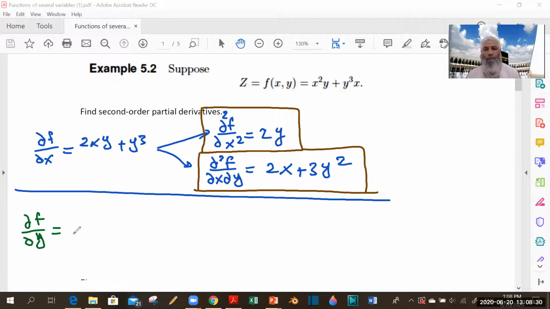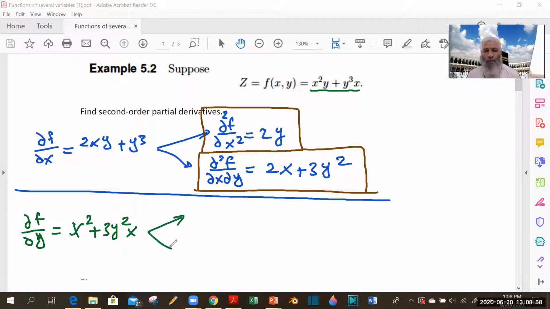What's the answer? The derivative of this with respect to y would be 6y. And this one would be just x squared plus 3y squared x.